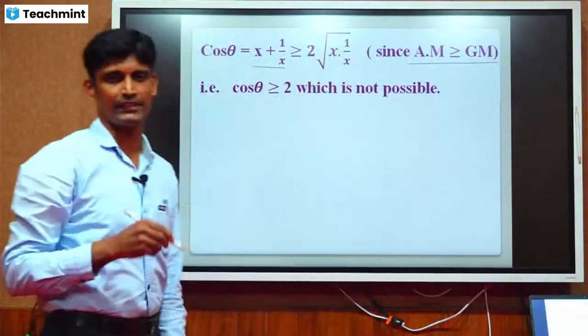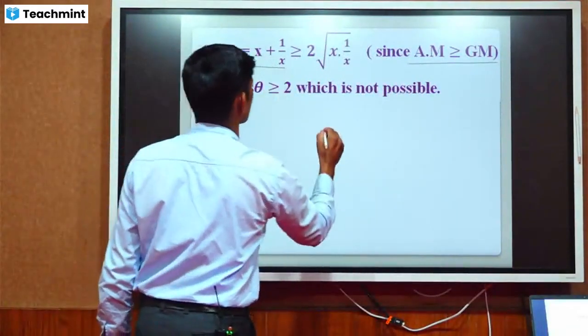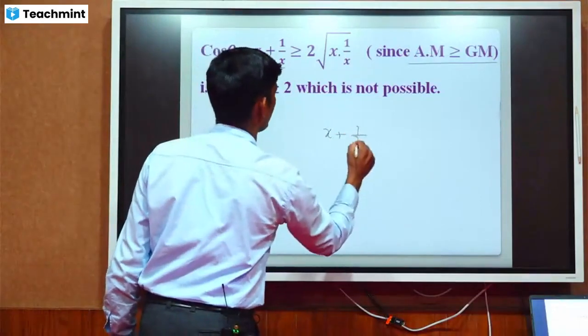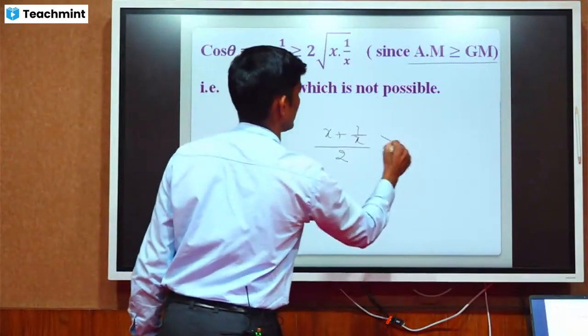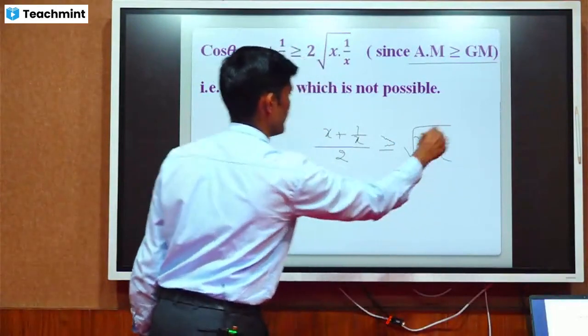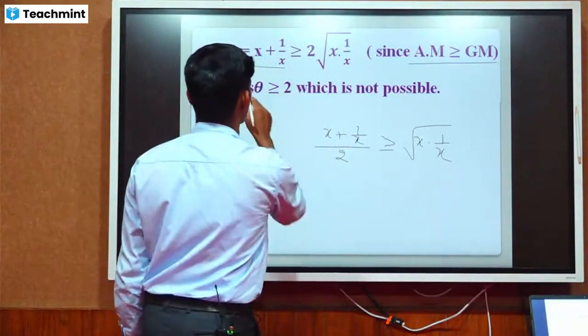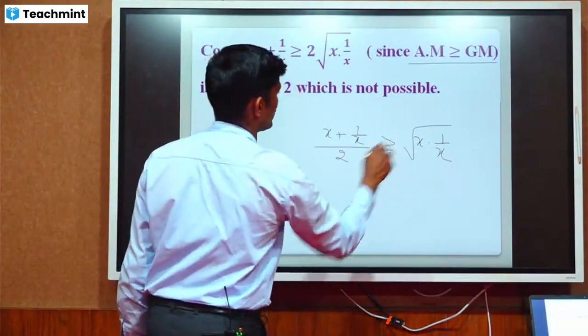Use this concept again. So x plus 1 by x by 2, that is arithmetic mean, is greater than or equal to geometric mean, root of x into 1 by x. So it is 1. So x plus 1 by x, that is cos theta, is greater than or equal to 2 into 1, that is 2.